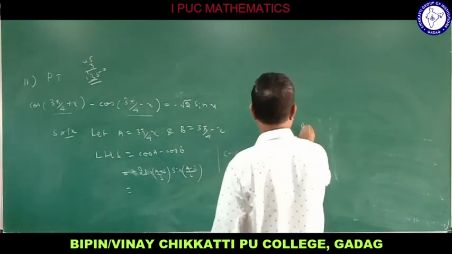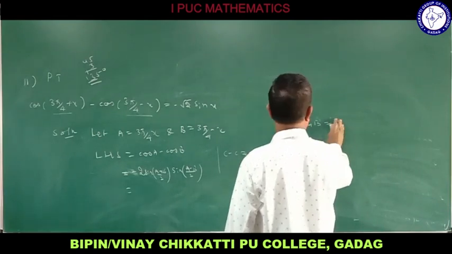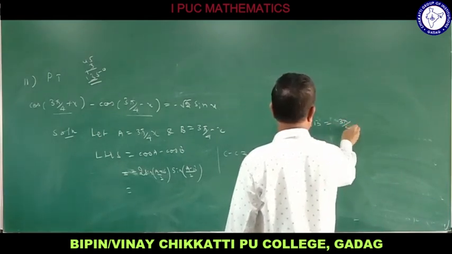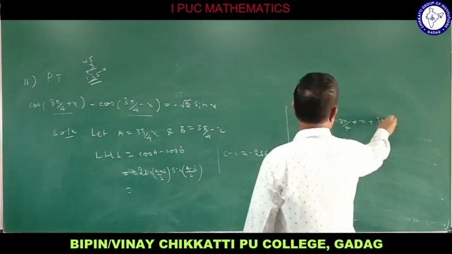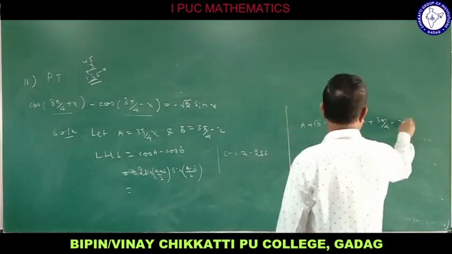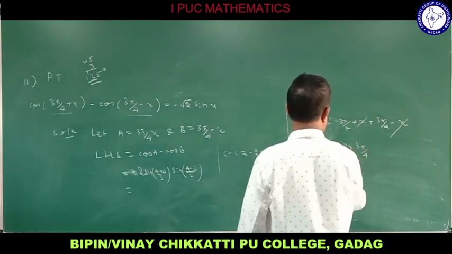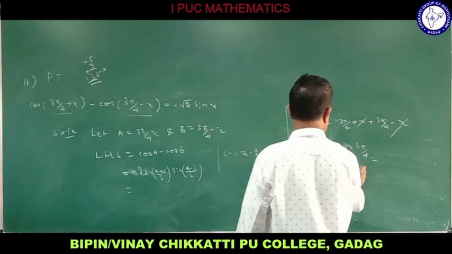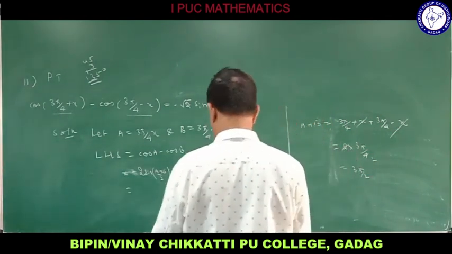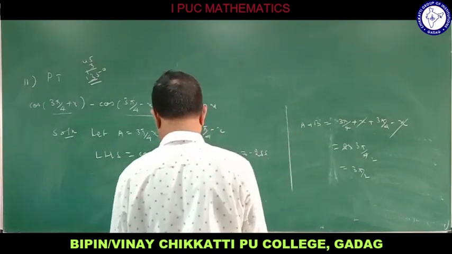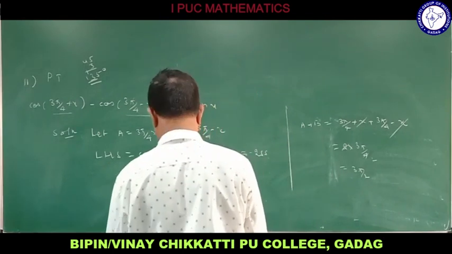See this, A plus B is how much? A is 3 pi by 4 plus x, plus 3 pi by 4 minus x. Then x cancels, 2 into 3 pi by 4, so 2 and 2, and what you get? 3 pi by 2. Here you have got A plus B as 3 pi by 2. That is correct or not, you have to judge it here.